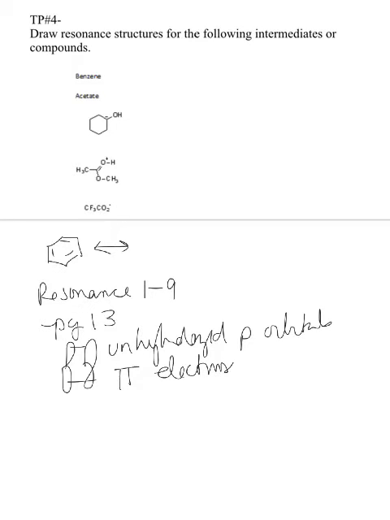They're capable of moving from one atom to another atom through this circuit of unhybridized p orbitals. So for these electrons to move, they have to go through sp2 centers, because if you have an sp2 center, then you have one unhybridized p orbital on that, in this case, carbon. So each one of these carbons has a hydrogen attached.